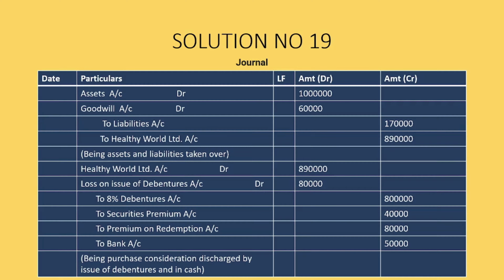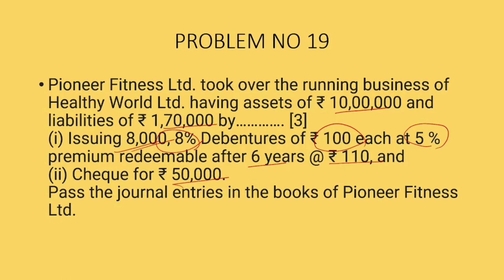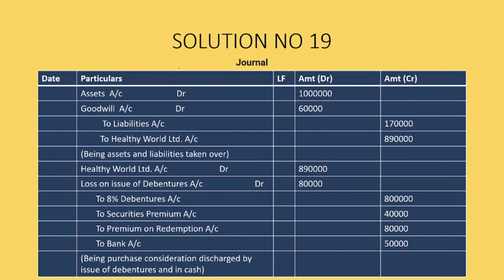So the first entry will be as per the question demands. 10 lakh is the assets, as given over here, and 1,70,000 is the liabilities. So we will be writing assets account debit 10 lakhs, and liabilities worth rupees 1,70,000.